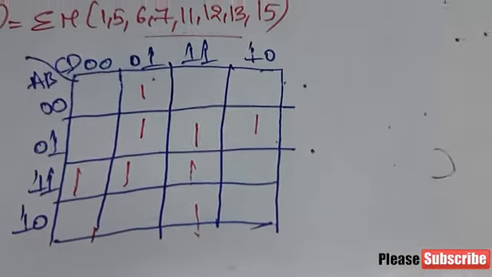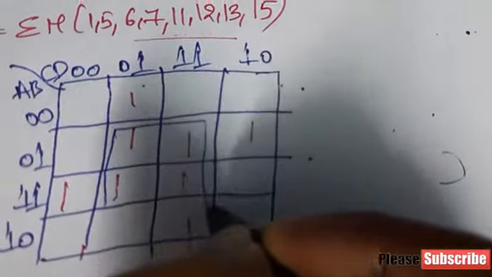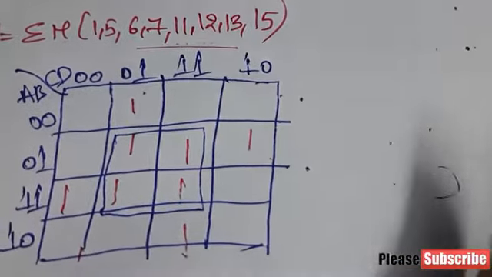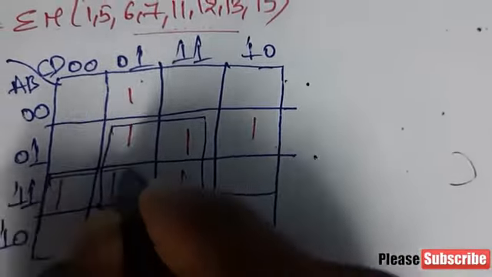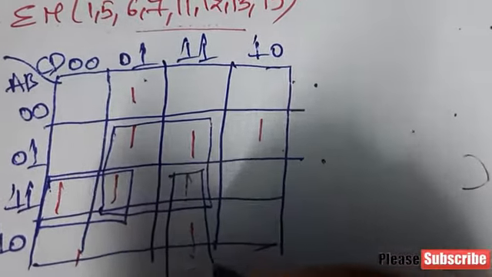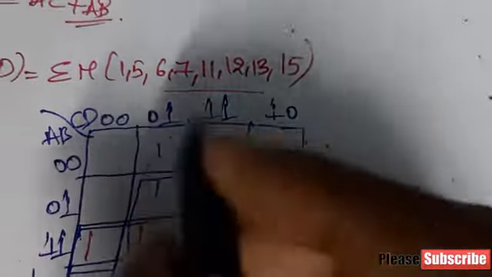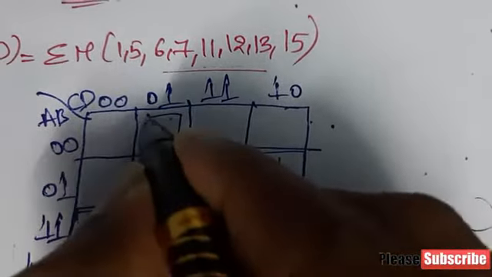Here you can observe this will form a quad, one group, and here this will become a pair, and here this will become a pair, and here this will become a pair, and here this will become a pair.